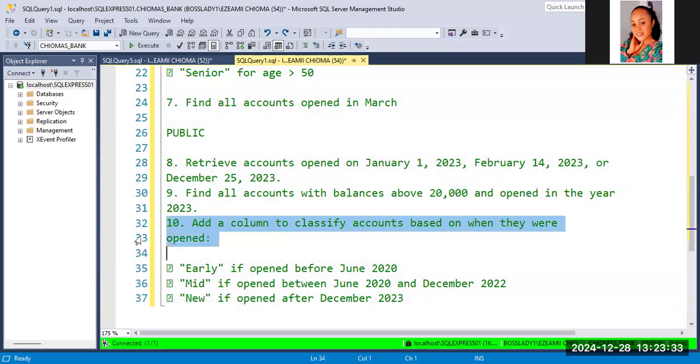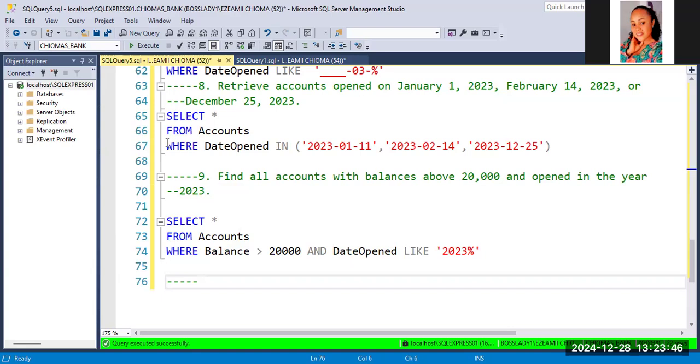So this says: add a column to classify accounts based on when they were opened. Okay. So this is also to categorize our customers.